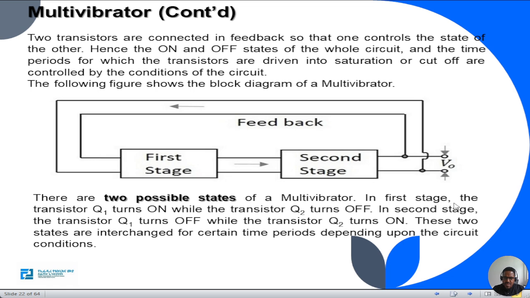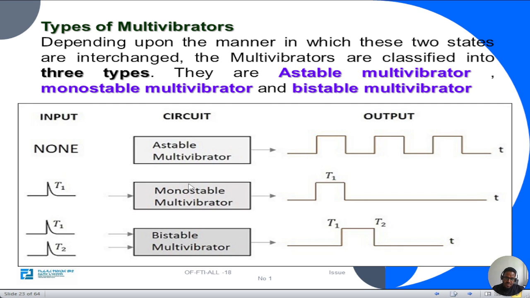In the first state, the transistor Q1 turns on while the transistor Q2 turns off. In the second state, the transistor Q1 turns off while the transistor Q2 turns on. Thus, the two states are interchanged for a certain time period depending upon the circuit conditions.